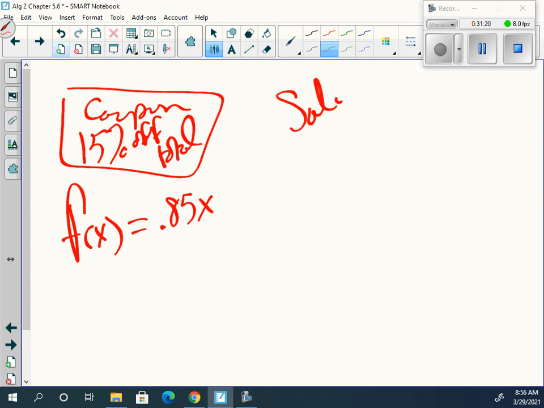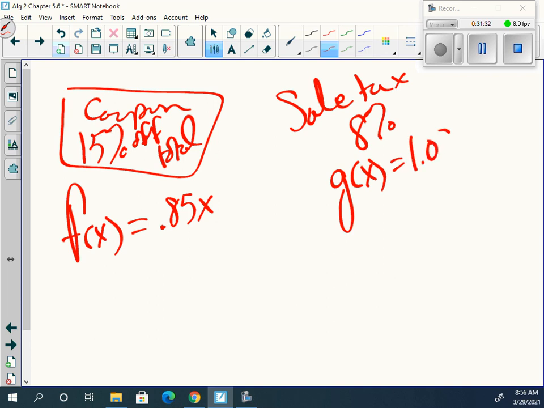But we also have sales tax. I think in Oklahoma it's 8%. It changes depending on the product. So we can set g of x as 1.08x.